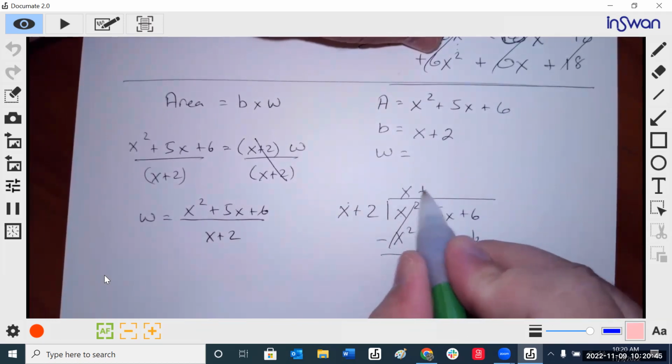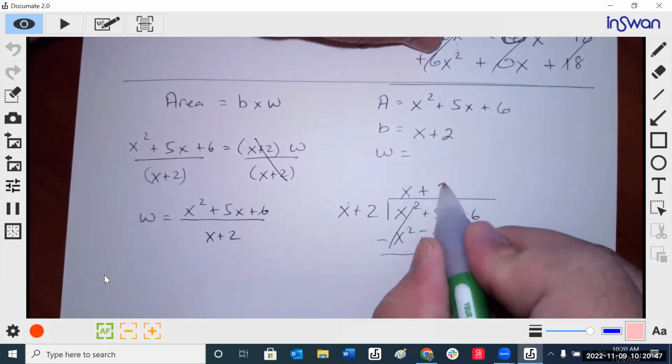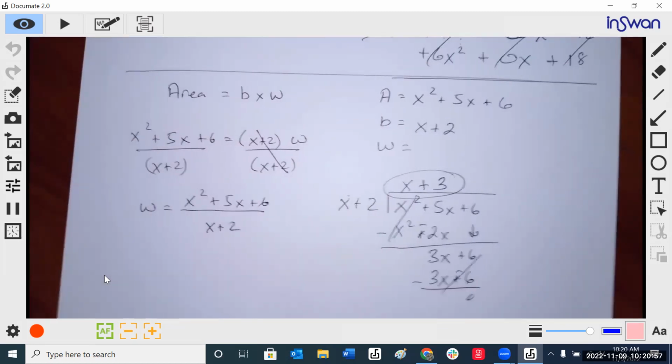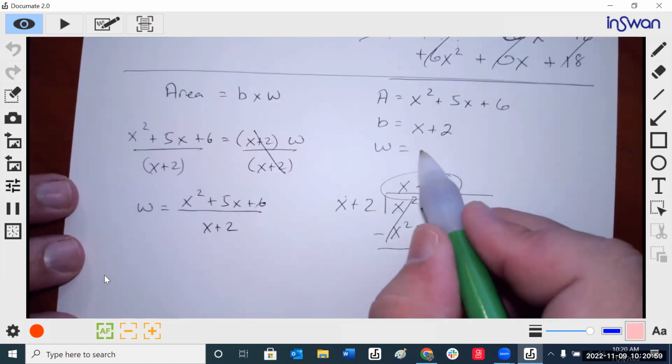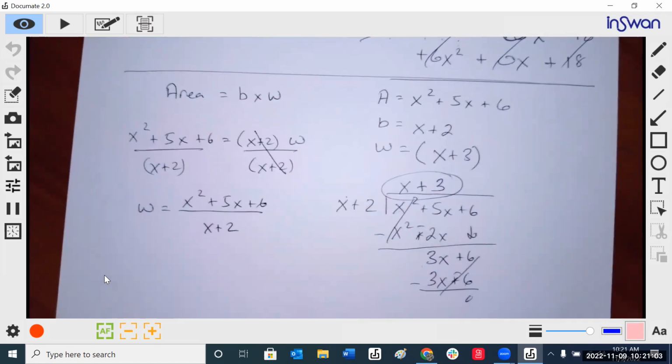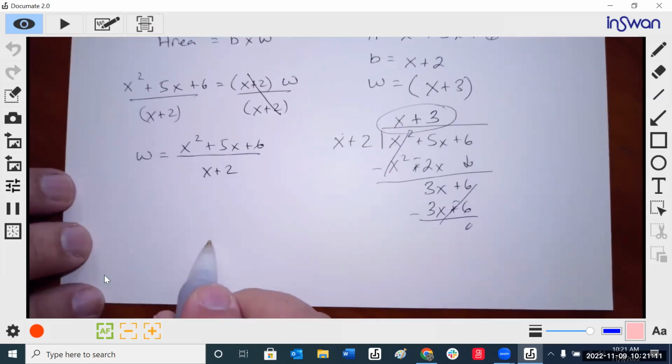Positive, positive is a positive. I'm missing a 3. Change the signs. So by using division, we can say that the width is x plus 3. That's an example of what you would do.